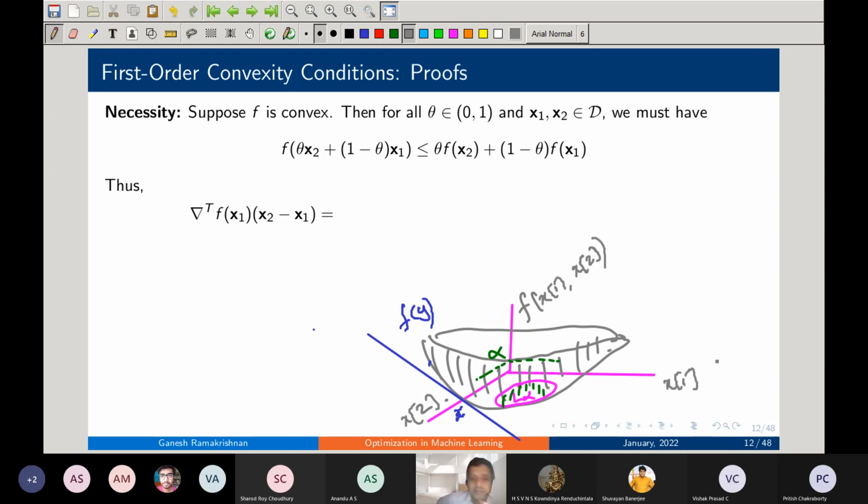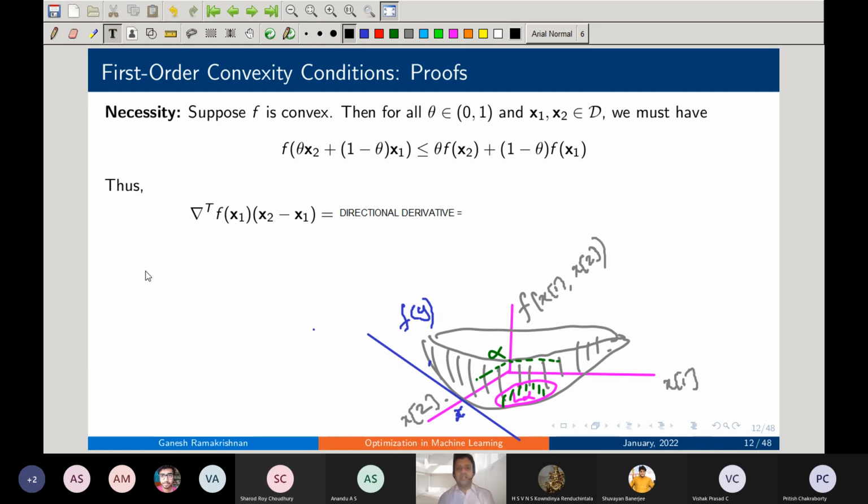With this understanding, let's go back to what this dot product was. This dot product was a directional derivative. Okay, we did that in the previous slide. So this is nothing but the directional derivative. Then you can write down the expansion of directional derivative.